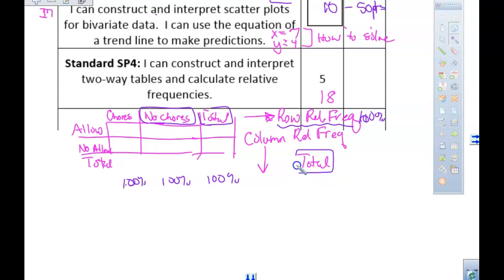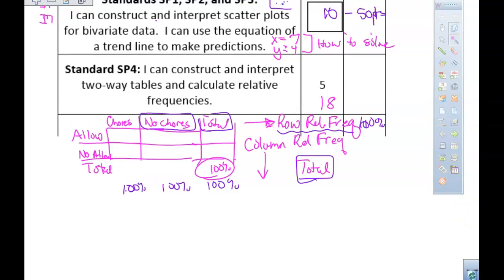And if you do total relative frequency, the only number that would have 100% would be this number, and all of the numbers would be divided by this. So you'd take this number and divide by, if there was 15 people, you'd divide them all by 15.